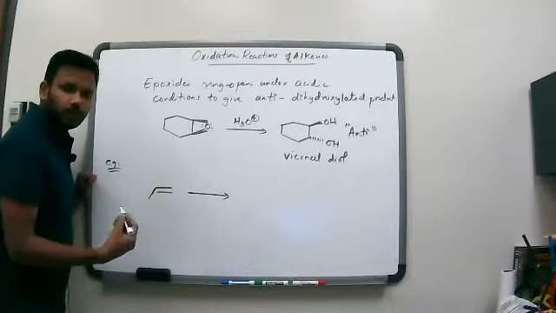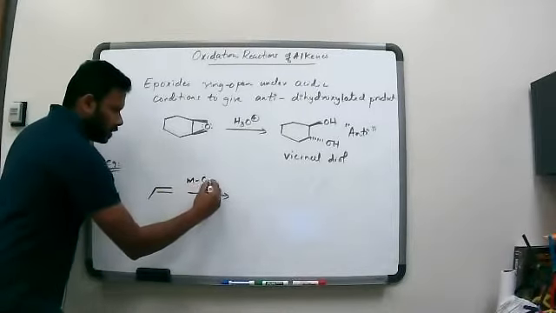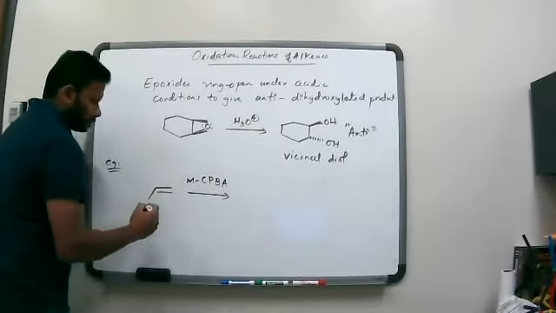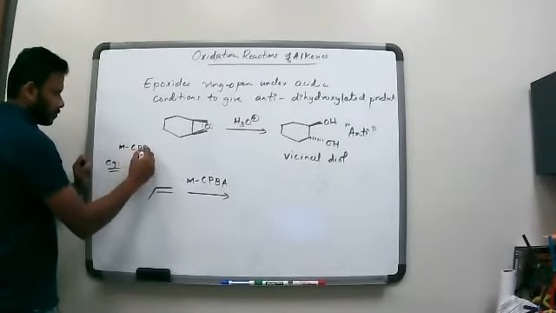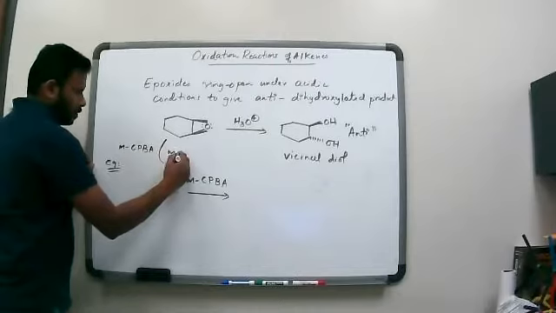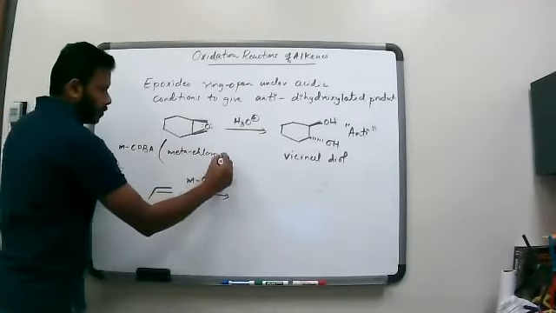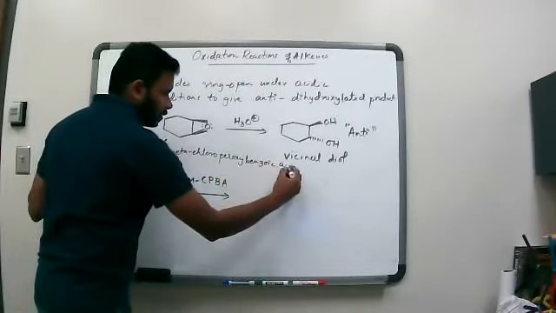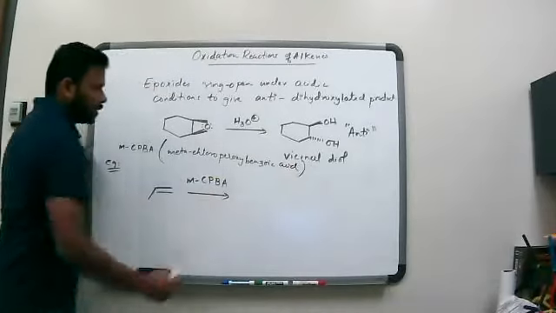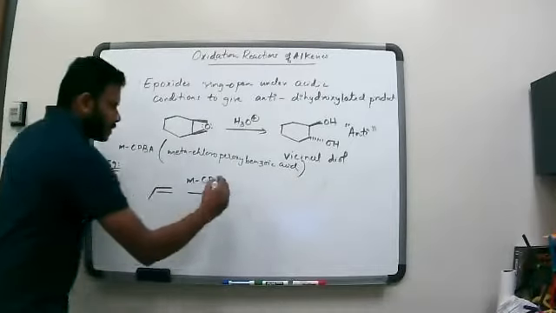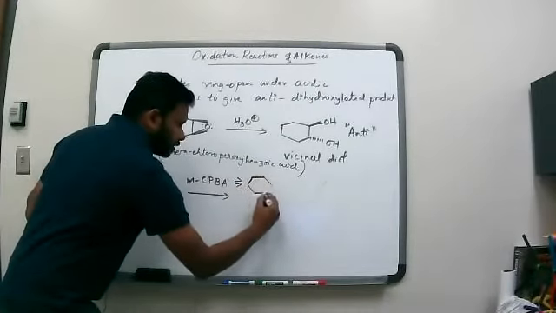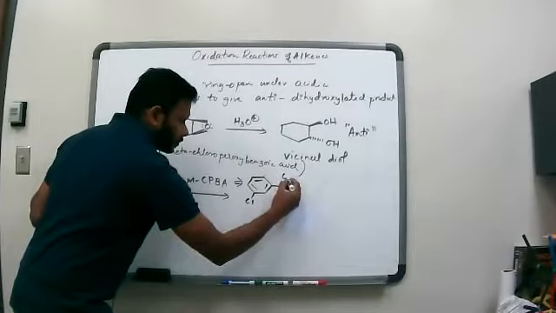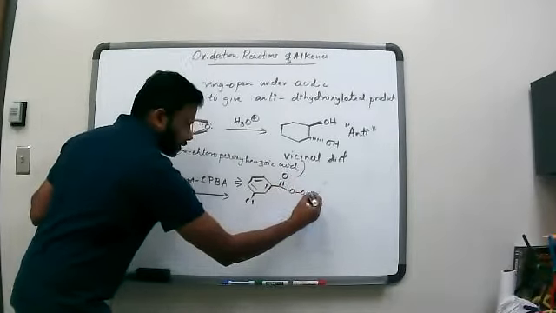Now, one of the most common peroxy acids that's used is MCPBA, metachloroperoxybenzoic acid, and the structure of this molecule is like that.